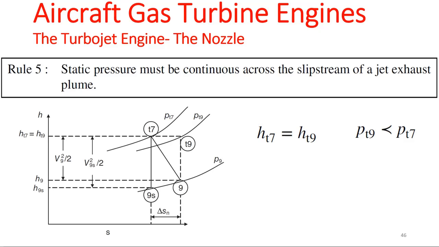But we will see a huge total pressure drop in the nozzle. And we define the pressure ratio of a nozzle as PT9 over PT7. So how can we define the efficiency based on this information?